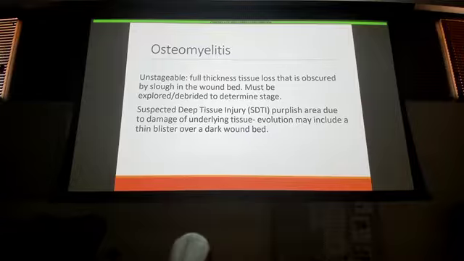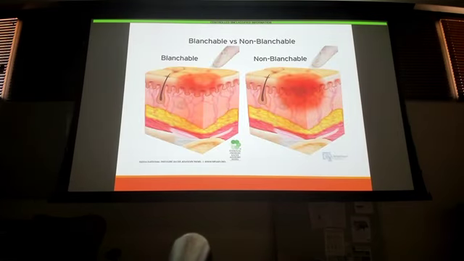And then there's an item called a suspected deep tissue injury, where it's a purplish area due to damage of underlying tissue, and the evolution may include a thin blister over a dark wound bed. In that situation, the injury is much deeper, but the skin has not ulcerated yet for you to visualize it. Here are some diagrams to talk about.